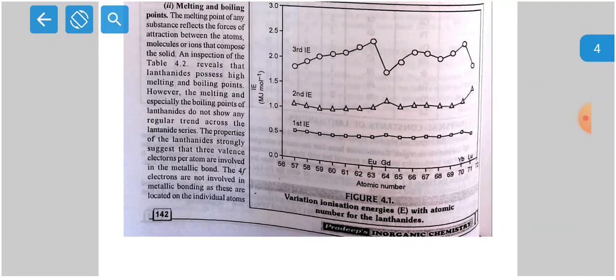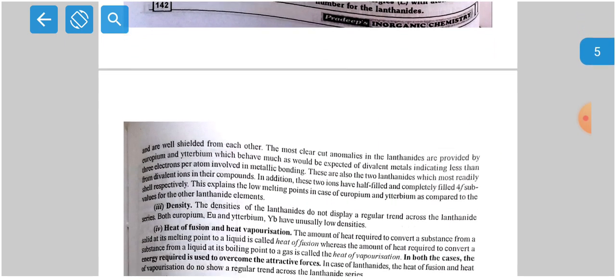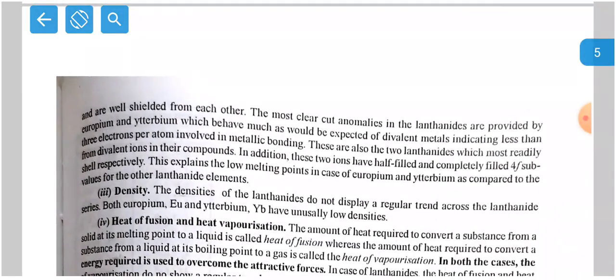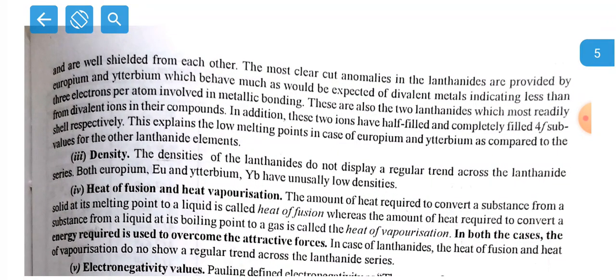Figure 4.1 shows the variation of ionization energy with atomic number for the lanthanoids. As 4f electrons are well shielded from each other, the most clear-cut anomalies in the lanthanoids are provided by europium and ytterbium, which behave much as would be expected of divalent atoms, indicating less than 3 electrons per atom involved in metallic bonding.